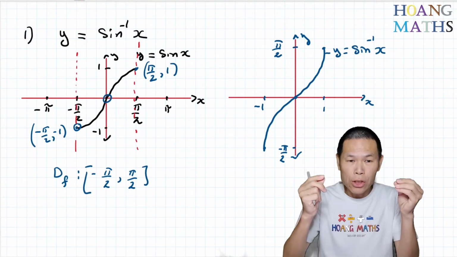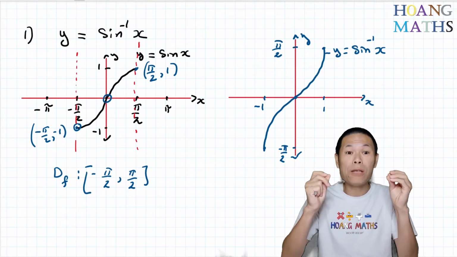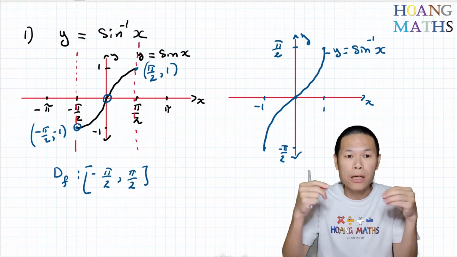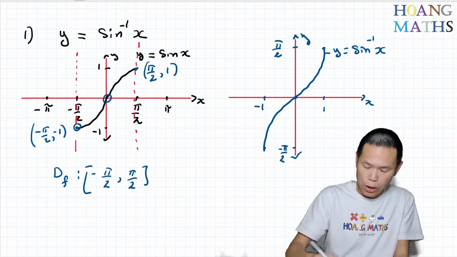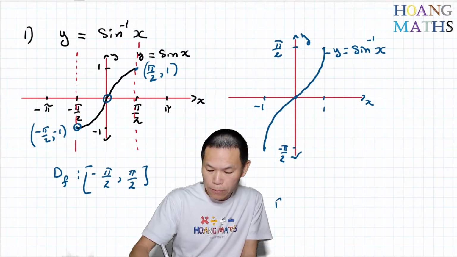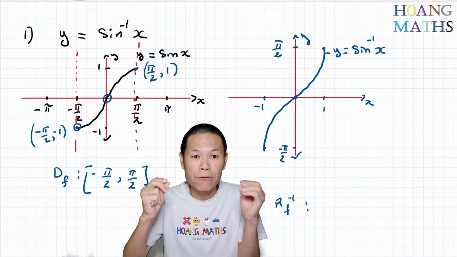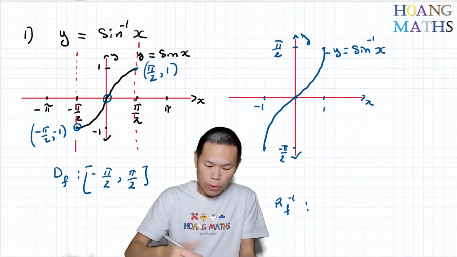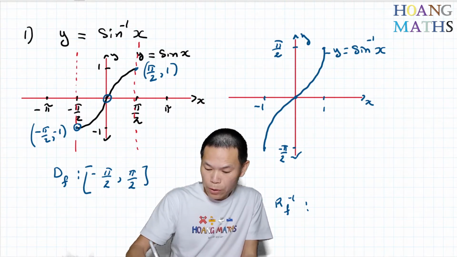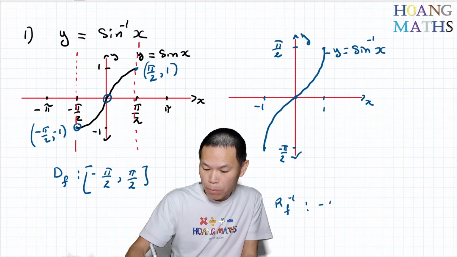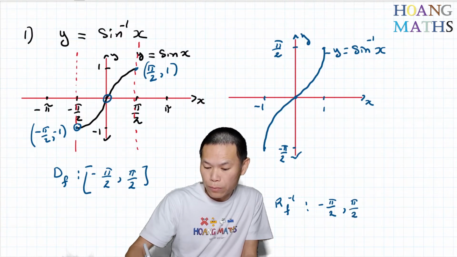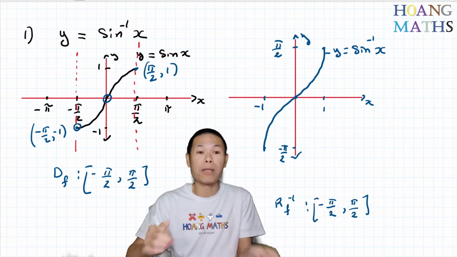For the inverse function, the range of the function becomes the domain of the inverse, and the domain becomes the range of the inverse. So the range for this, we can either look at the graph of the inverse function or we can just look at the domain of the function. So the range for this is from negative pi over 2 to pi over 2, inclusive. Remember that for me.